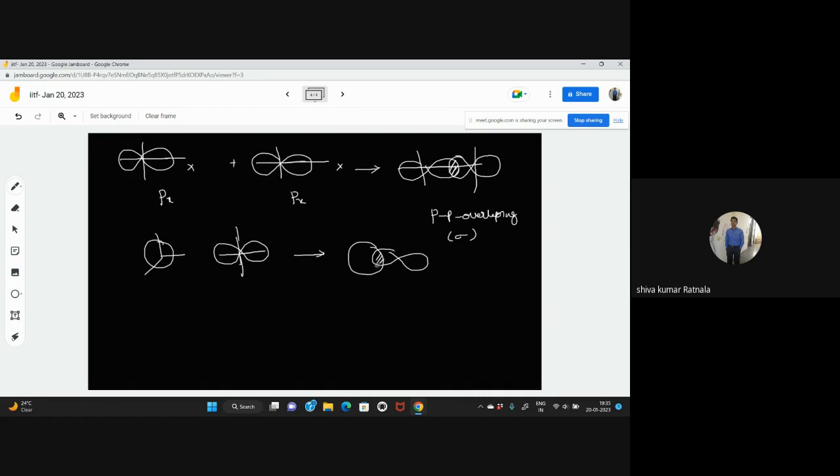That means a covalent bond is directional in nature, whereas an ionic bond is non-directional. Do you remember? Ionic bond is non-directional because of the attraction all around. That's why I said remember the structures instead of formulas.